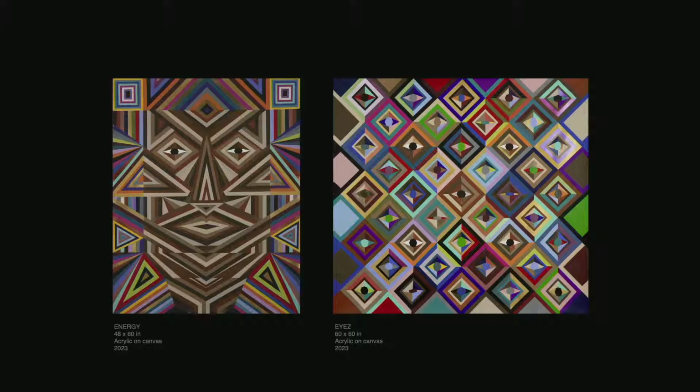The piece on the left is called Energy, and it's a piece that's connected to commonalities, but it serves its own purpose as far as being a form that is about people and not being about all of the negativity that's placed on us in this world at the moment.